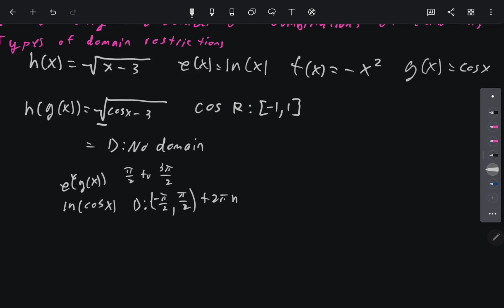But it's true. In this case, every input should have an output, other than those for which cosine is negative.